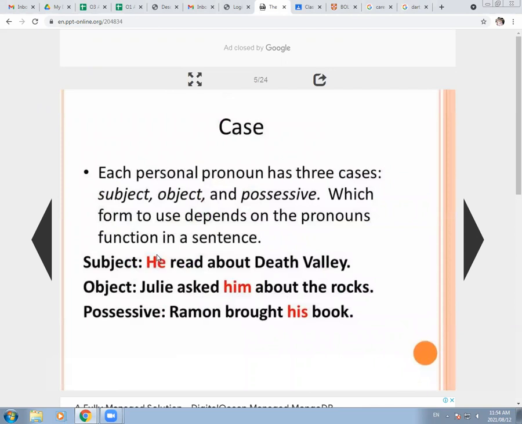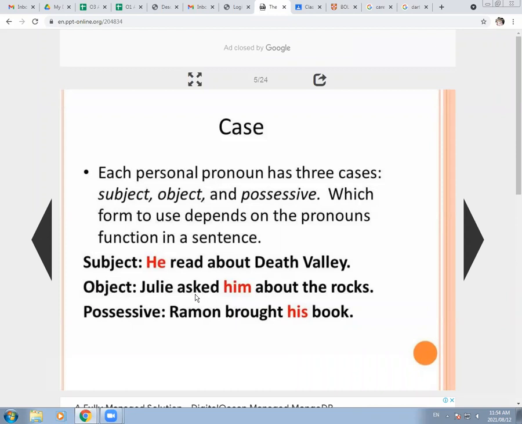I have told you that we have three cases. Subjective case, where we have personal pronouns: he, she, it, I, we, you, they. Then objective pronouns we also discussed in the last class.